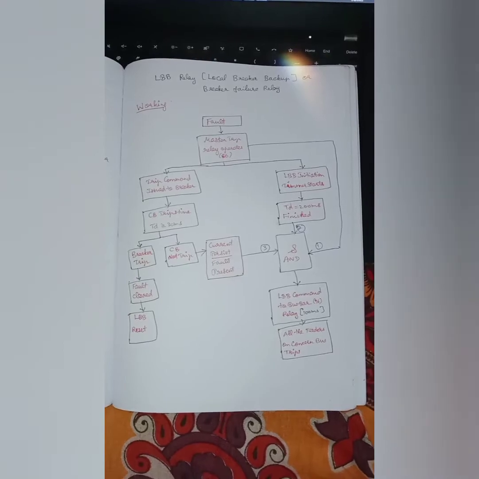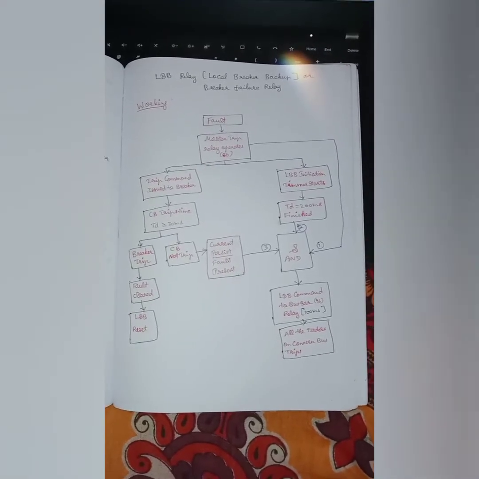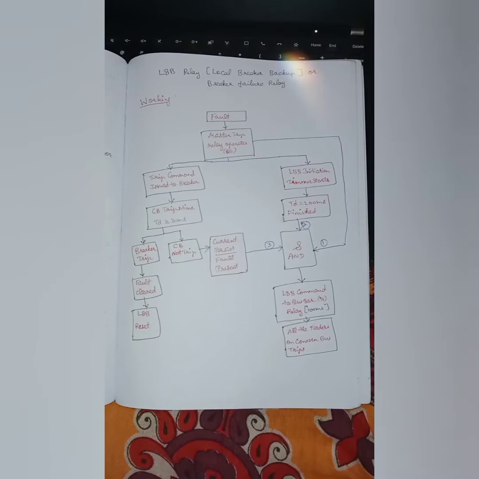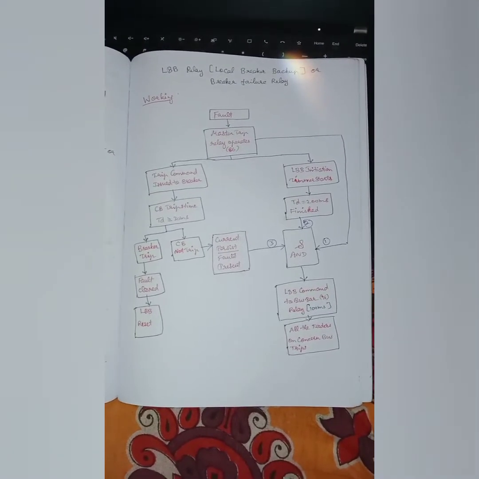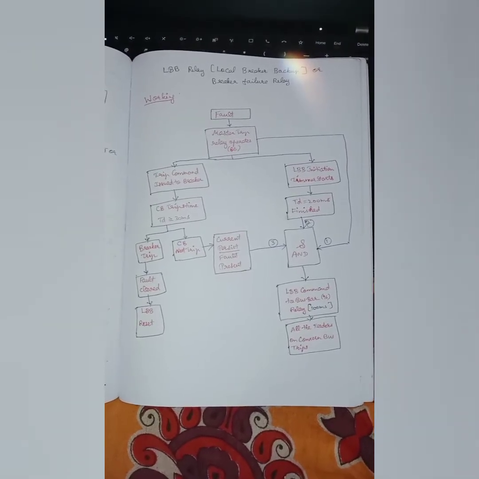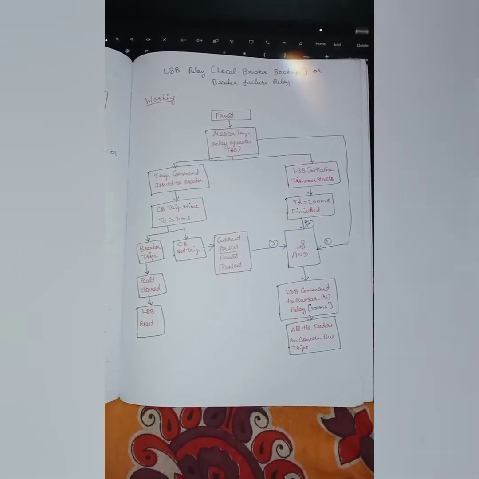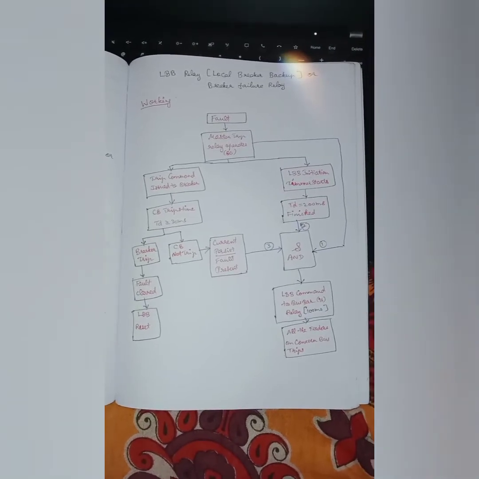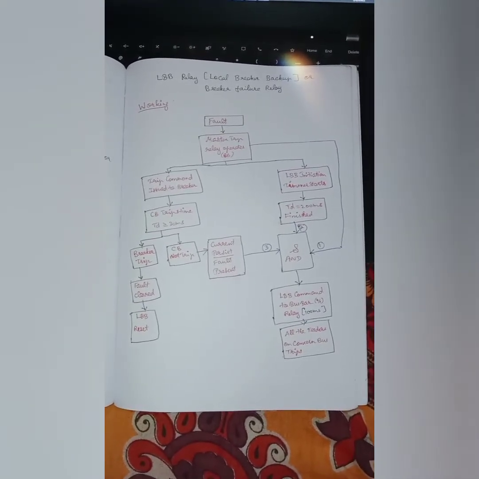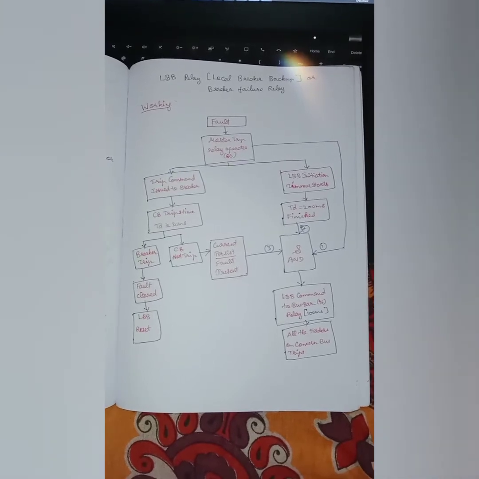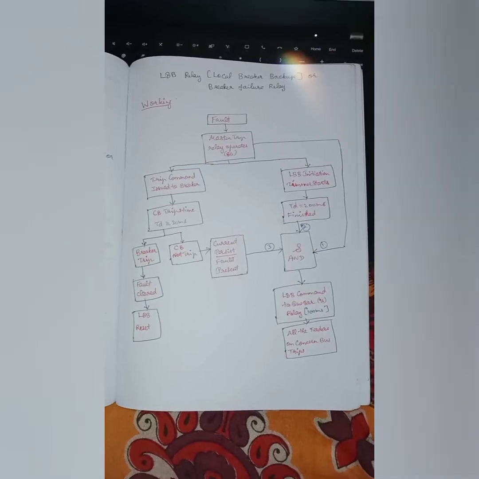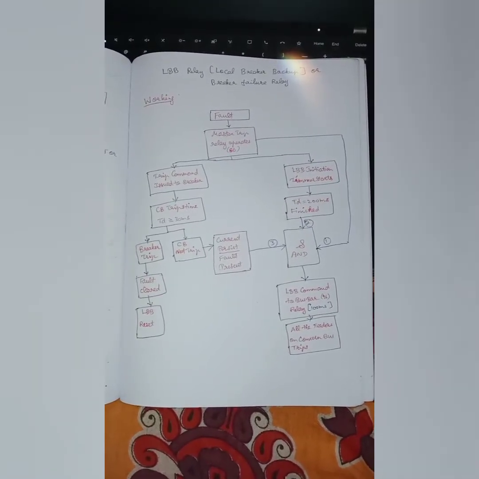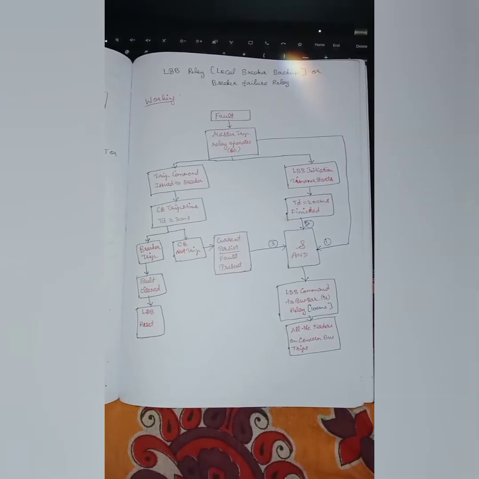So in order to have a backup for your line or for your bus bar, we use this local breaker backup protection. This backup protection will operate whenever the main protection has failed, which may be due to equipment failure. So whenever any fault occurs, your primary protection should act for the fault.